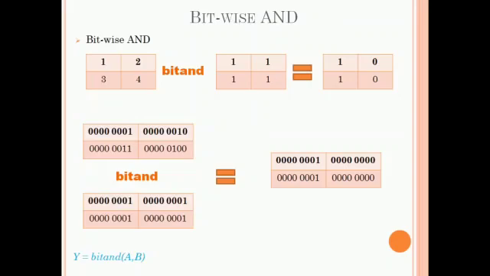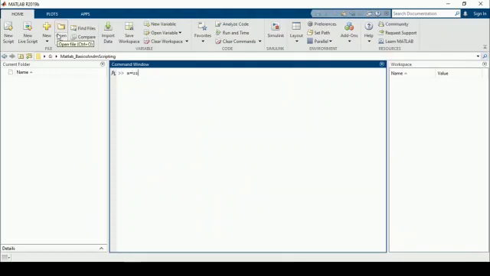Let's start with bitwise AND. The bitand function returns the bitwise AND of first and second matrix. Here, you can see bit by bit details. Let's see the same examples in MATLAB. Take simple matrix A and B, with data type as uint8.